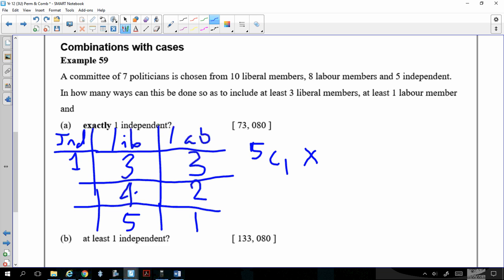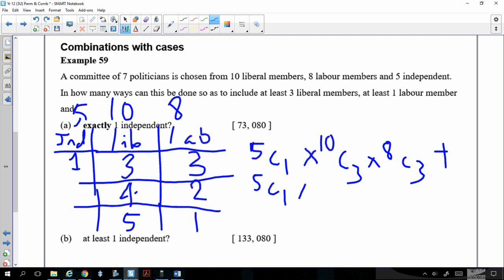So you go 10C3 multiplied by 8C3, plus 5C1 times 10C4 times 8C2, plus 5C1 times 10C5 times 8C1, and add them up together. Okay? That should give you this.